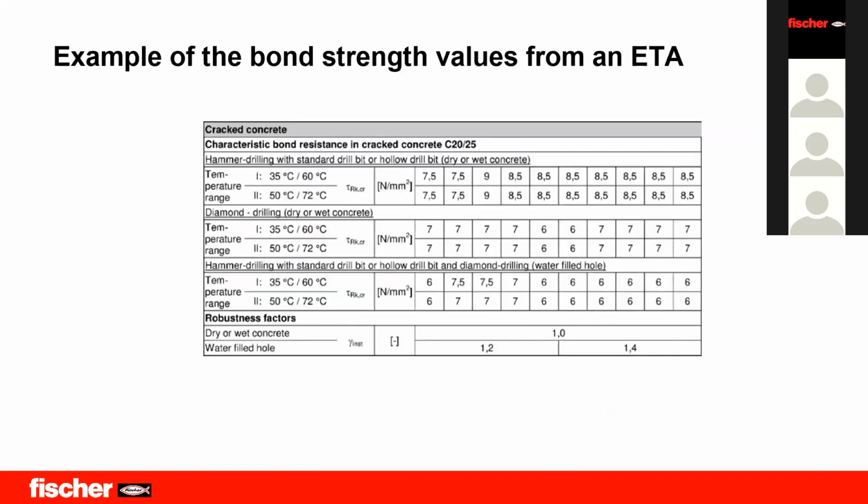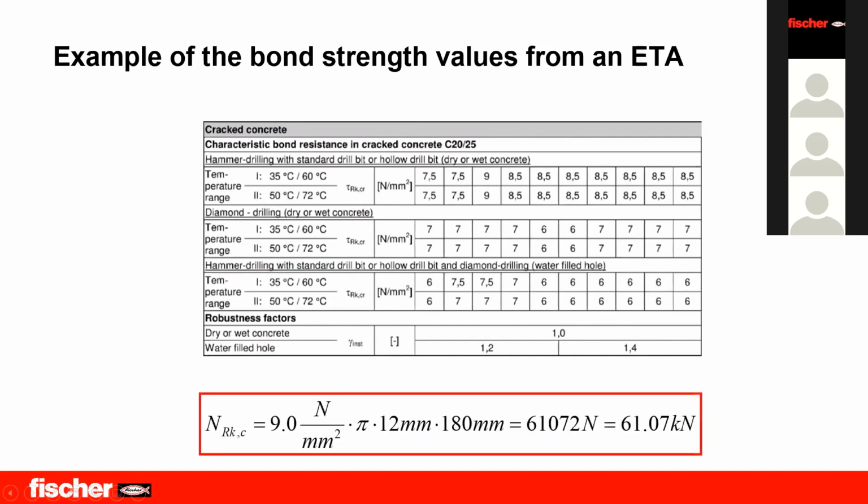As said previously, how do approvals play a role in products? When we get an approval such as ETA, which is known as European Technical Assessment, it means that the product has been checked in various stages or steps, and it has been classified. Over here, you can see one of our products' ETA, where it shows the tau value, which is our bond value. And these are the bond values for different diameters.